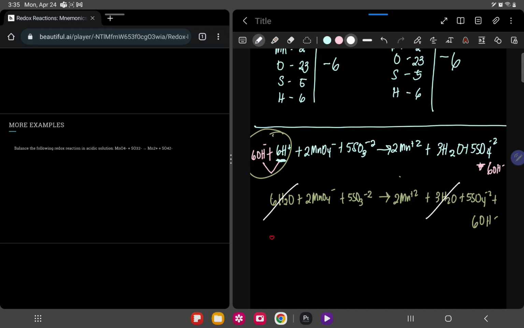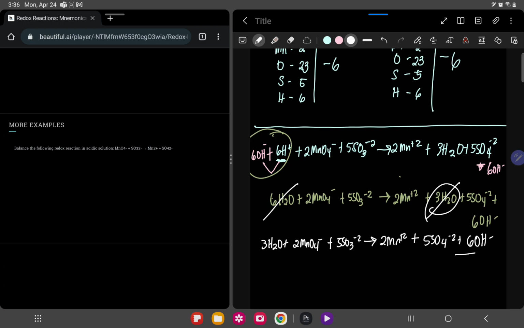What will remain is 3H2O plus 2MnO4 minus plus 5 sulfur trioxide, going to 2 manganese plus 2 plus 5SO4 negative 2 plus 6 hydroxide. So in this equation, we don't have any hydrogen anymore. We have 6 hydroxide, which makes it basic. So that is how you balance an equation in basic.